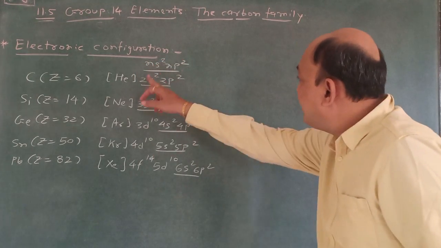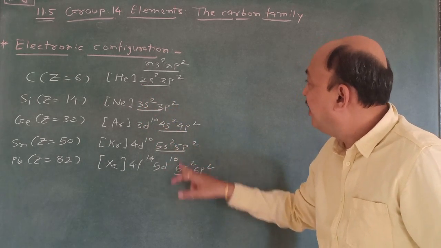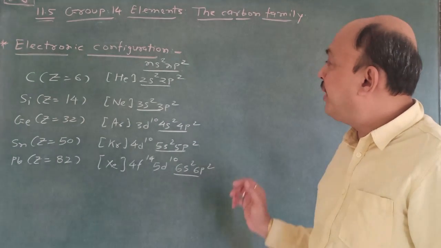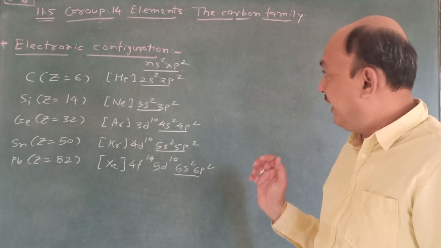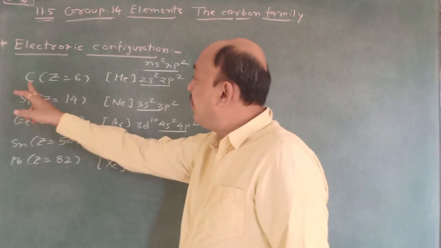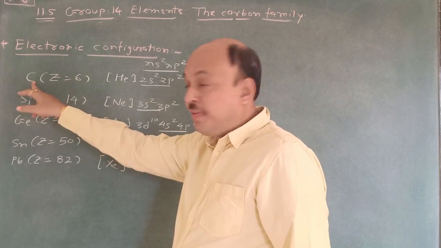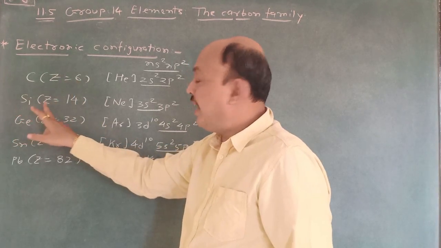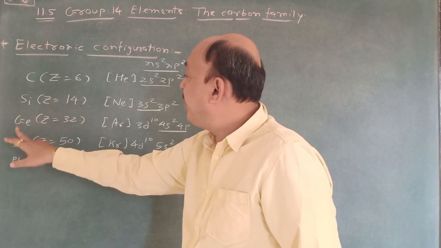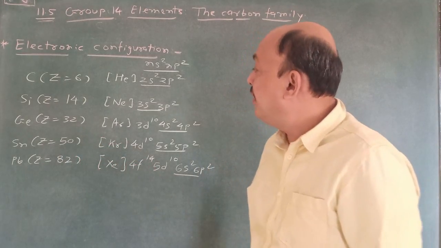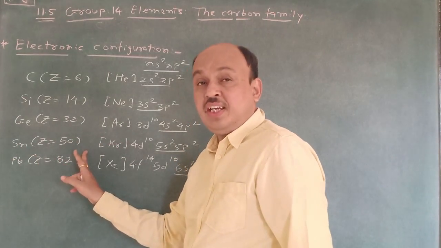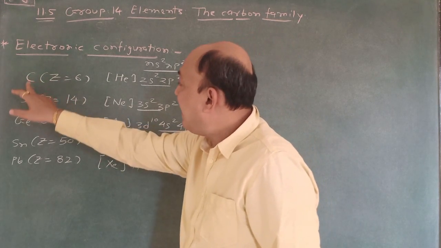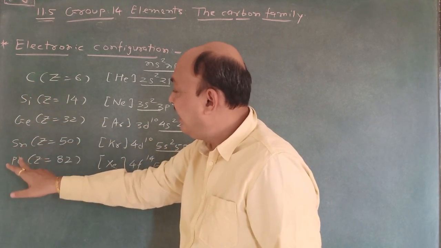Remember, in ns there are 2 electrons, and in np there are 2 electrons. First, write the first member of the carbon family, carbon, atomic number 6. Silicon atomic number is 14, germanium 32, tin 50, and lead 82.